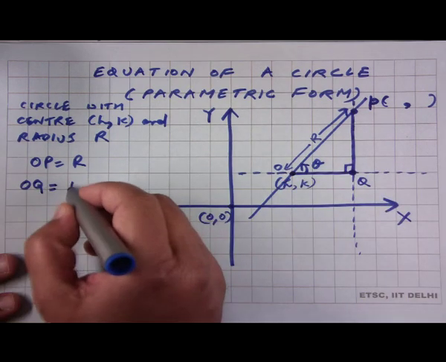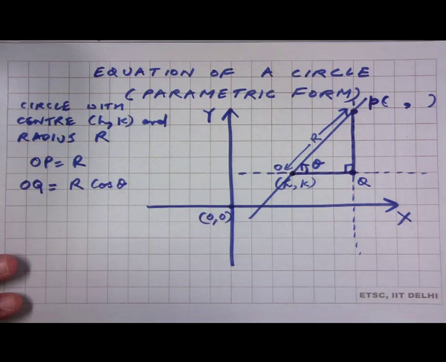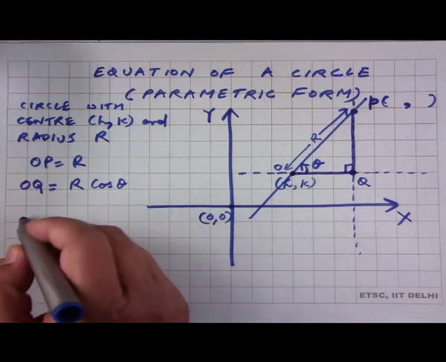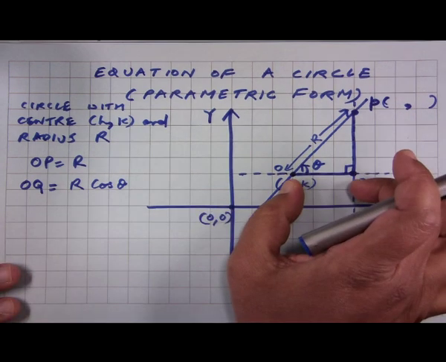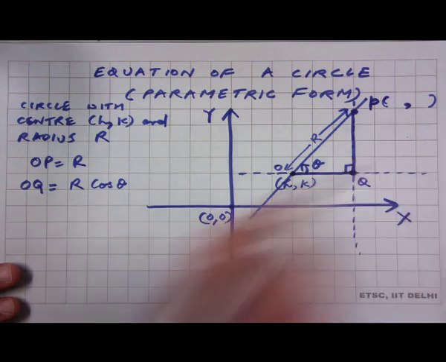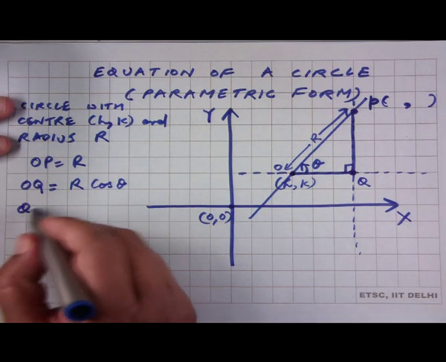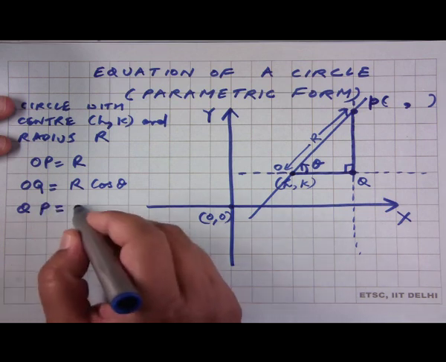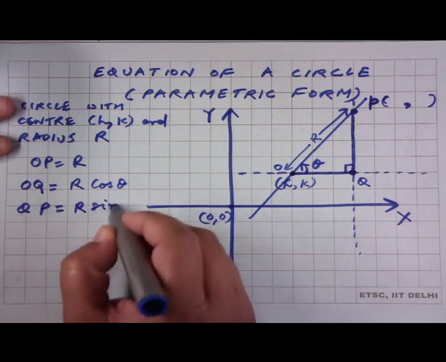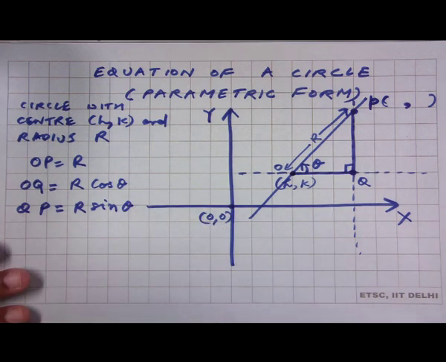equal to r cos theta, which is here. So, this is r cos theta, and QP will be r sin theta, which is this.